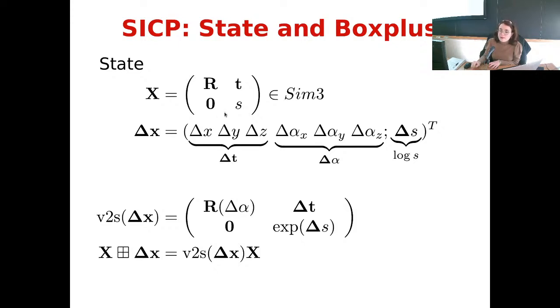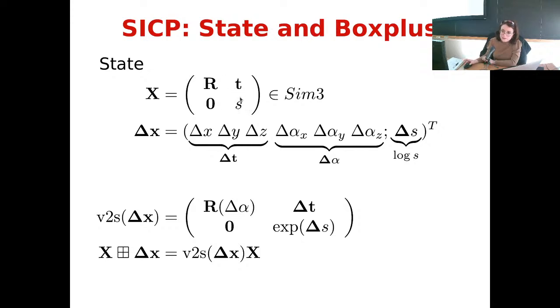This group is the group of similarities. We indicate as Sim3 the group of similarities in 3D. Now, similarities are a group just as SE3, meaning that we have an identity element, which is again the identity.